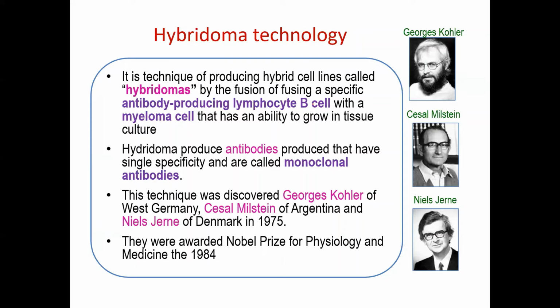Hybridomas are hybrid cells, similar to the hybrids of protoplasts, with the capacity of producing monoclonal antibodies from the lymphocyte B cells that naturally produce them in our body, and with the characteristic of the myeloma cell, a cancer cell which never dies and keeps growing. It's an immortal cell line. So it is a single cell that produces the antibodies and will never die. That is the hybridoma.